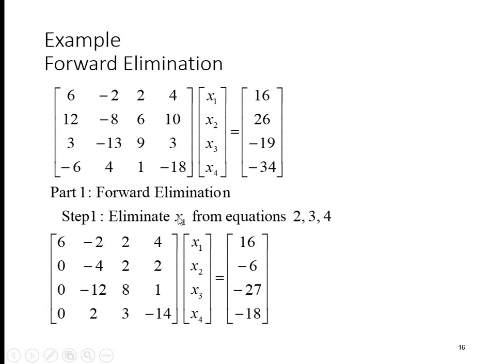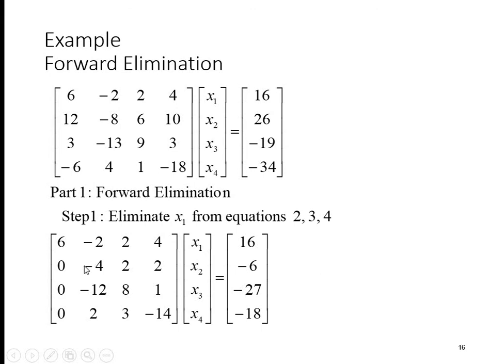Remember, for x1 we were using the first row. So to eliminate x2 from equations 3 and 4, we are using the second row. On our second row, can you see here we have got minus 4.